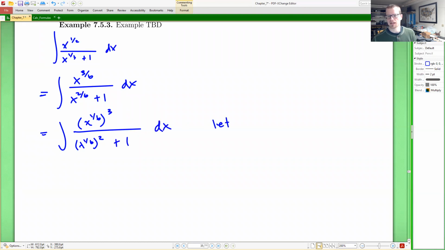So if we were to let u be equal to x to the 1/6, then we would end up essentially with something that's polynomial, right? We would end up with u cubed divided by u squared plus 1. We have to handle the du here, but we could do that, right? Du is 1/6 x to the negative 5/6 dx.